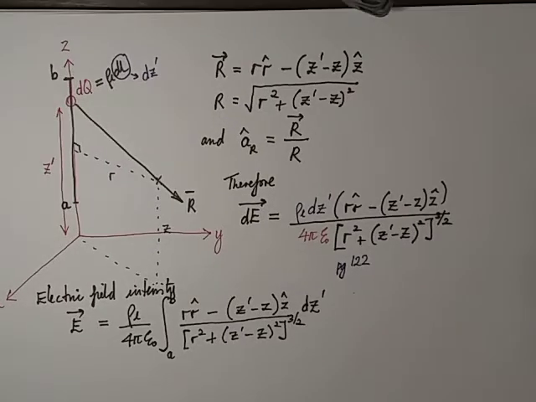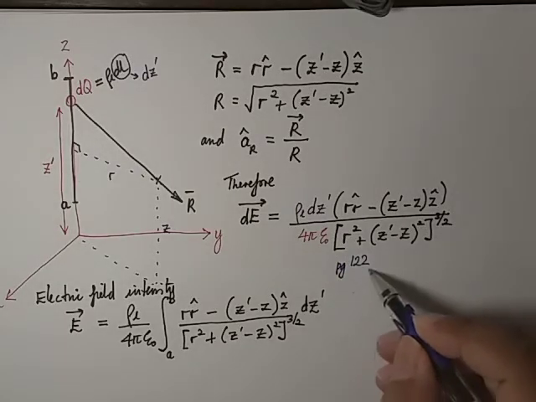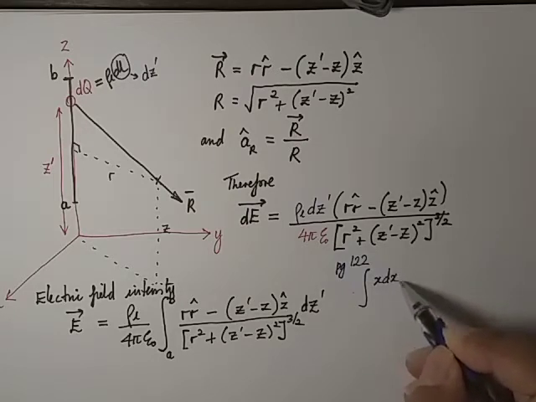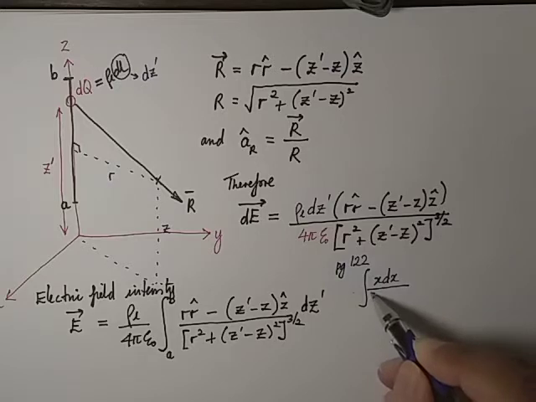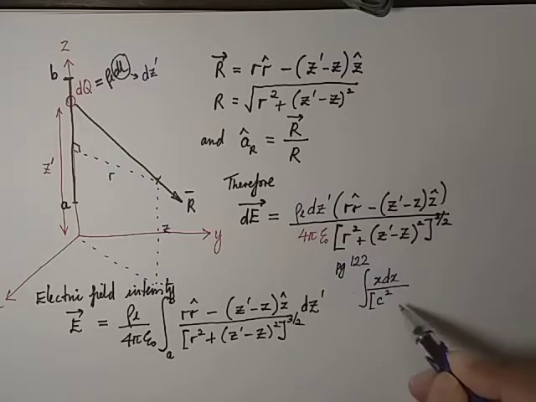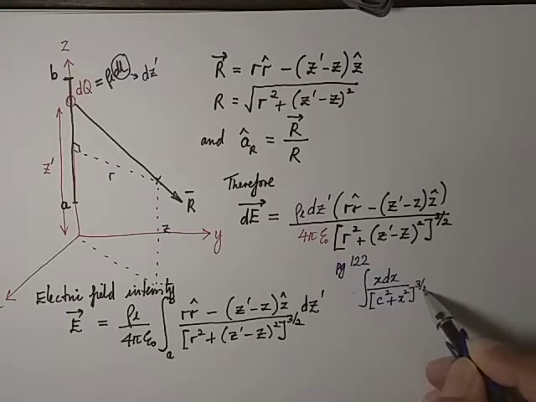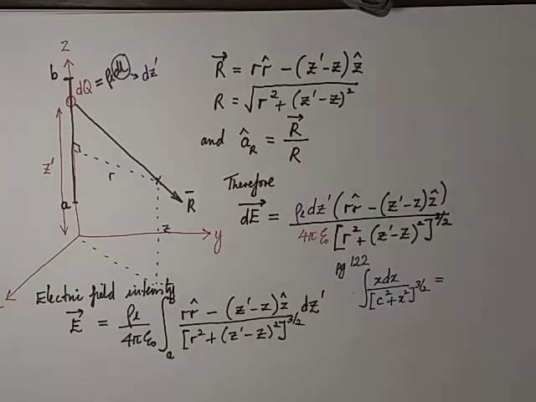The table says, if I have this pattern of integration, say x dx divided by a constant c squared plus x squared power of 3 over 2, the solution given by the table is equal to minus 1 over the square root of c squared plus x squared.